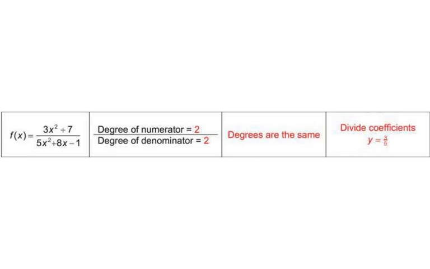So, the degree for the numerator is 2. The degree for the denominator here is also 2. They're the same. That means you take your leading coefficients, which is going to be 3 over 5. So, y equals 3/5 is your horizontal asymptote.